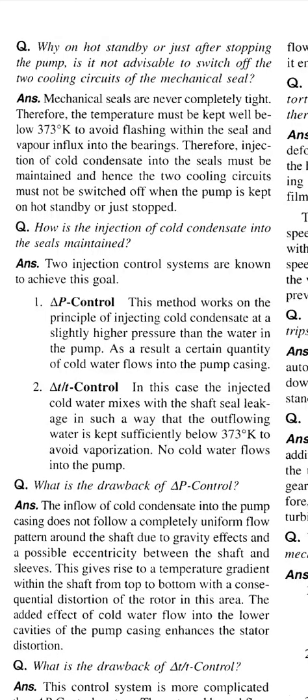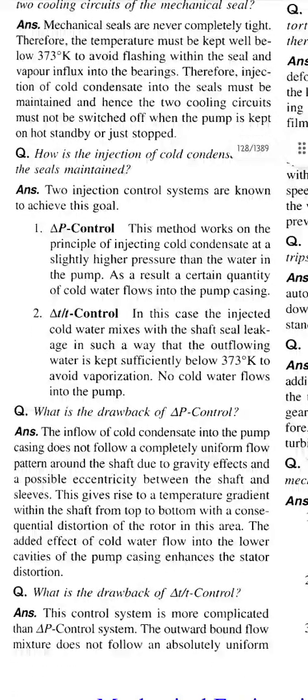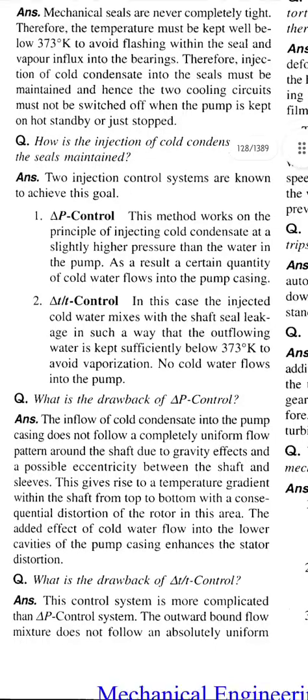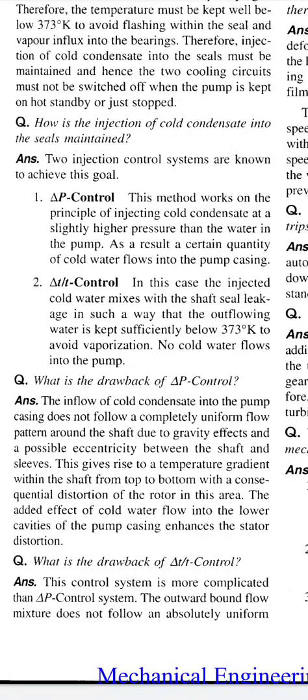The next question: how is the injection of cold condensate into the seals maintained? Answer: two injection control systems are known to achieve this goal: delta P control, that is delta pressure control, and delta temperature control. Delta P control works on the principle of injecting cold condensate at a slightly higher pressure than the water in the pump.